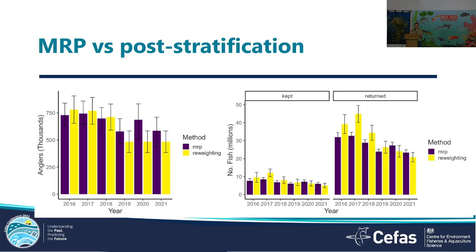The MRP gives slightly better errors, especially when you split on smaller geographical scales, which we didn't include here because there were too many plots. And then on the right, we have the total number of fish caught, and the MRP generates smaller estimates but with lower errors, and again better errors when you split on smaller geographical scales.